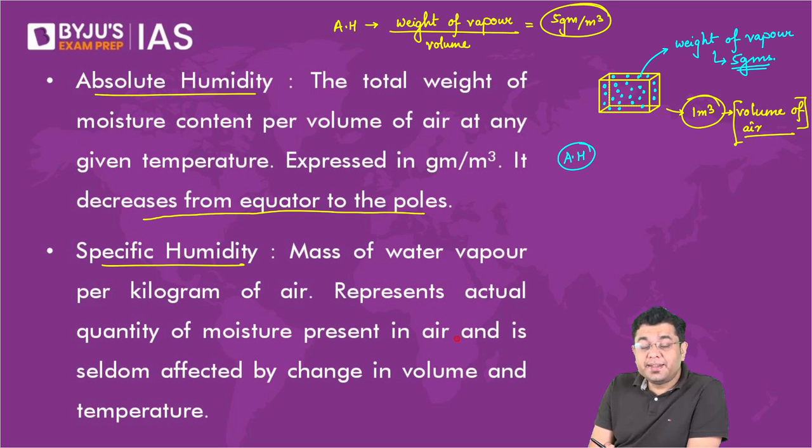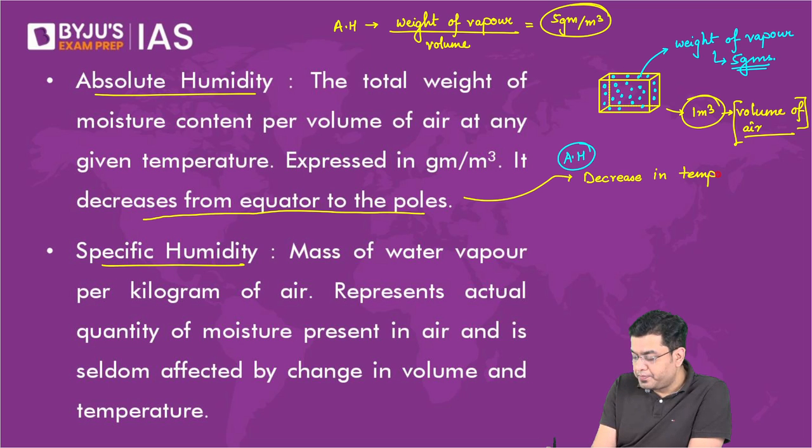When there is a decrease in temperature, in general, the moisture carrying capacity reduces. So the amount of moisture or vapor present will also be reducing. That is why there is a decrease in absolute humidity, because there is a decrease in temperature towards poles. And what it does is reduce the carrying capacity.